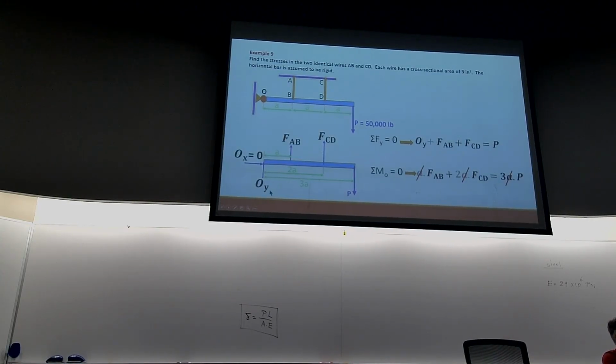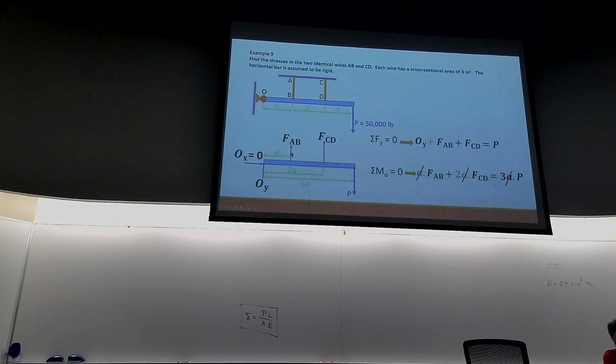But there will be a vertical reaction at pin O. I've called that OY. Here's the summation of forces in the vertical direction, meaning OY plus FAB plus FCD must be equal to the downward force P. And this is a moment balance about point O, force times distance.